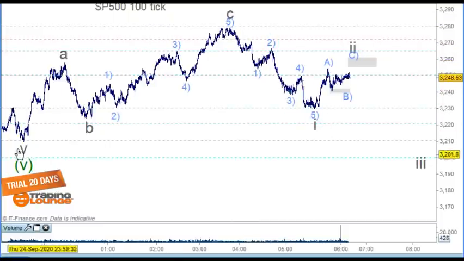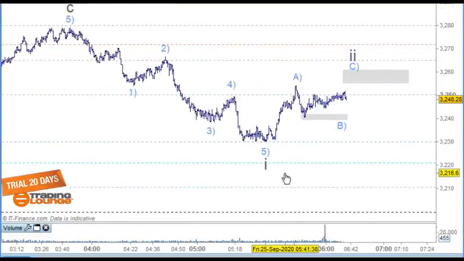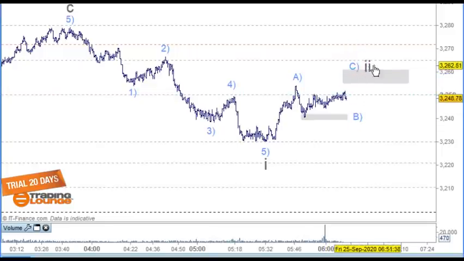So if this is in 3 waves here, then that's corrective. And then if this is in 5 waves here, then that's also in 5. So we'll have an A and a B and a C wave up into that space there a little bit further. This major, that looks like 5 waves here. So I was thinking that an A and a B and a C here, and then we'll come down for the B wave here, and then go up for wave C here of 2 at 3260.